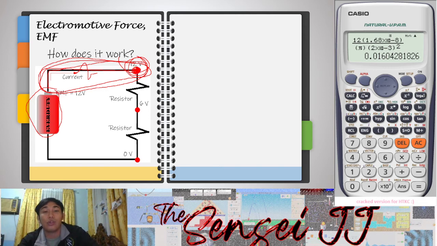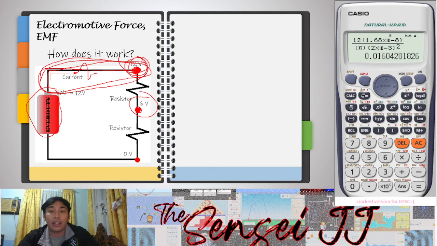Solid 12. But when it passes through our first resistor, in this junction, we will have 6 volts. Sir, why do we have 6 volts in this junction?